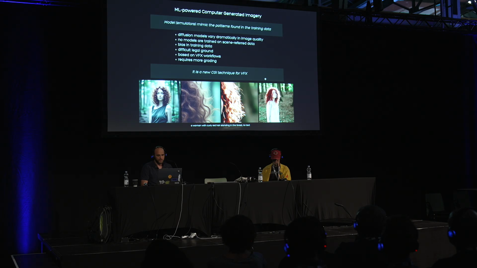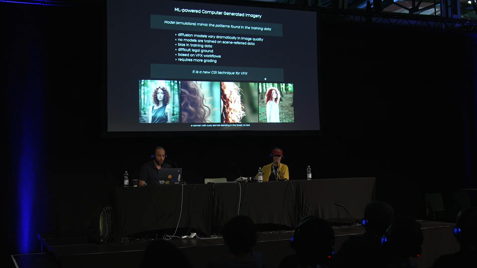We believe that for interactive color grading, computer-generated imagery technology is not there yet for technical reasons, but also for other reasons. We need to understand that these models, these emulators, mimic the patterns found in the training data. This needs to be clear, as in the definition that was stated.